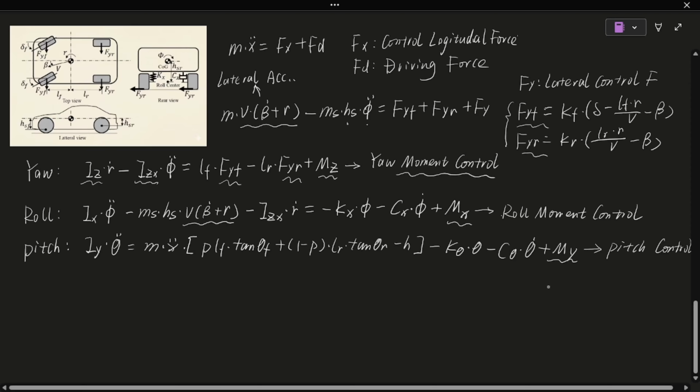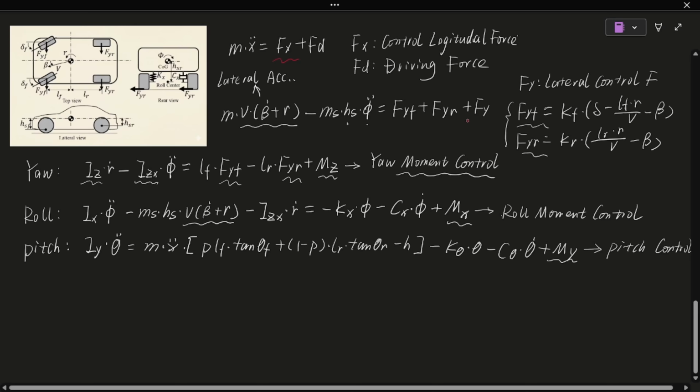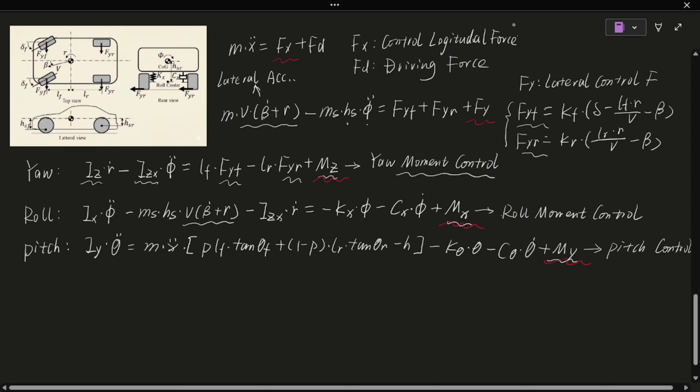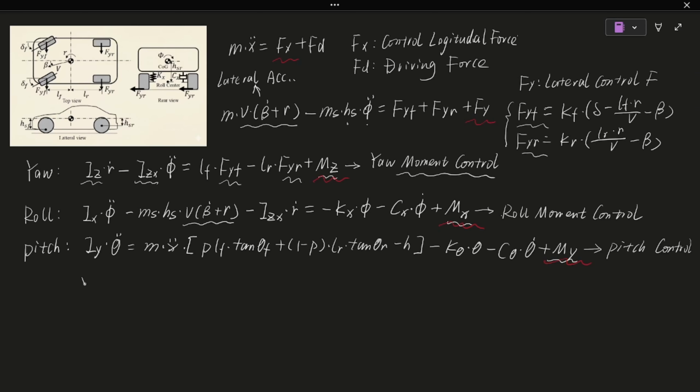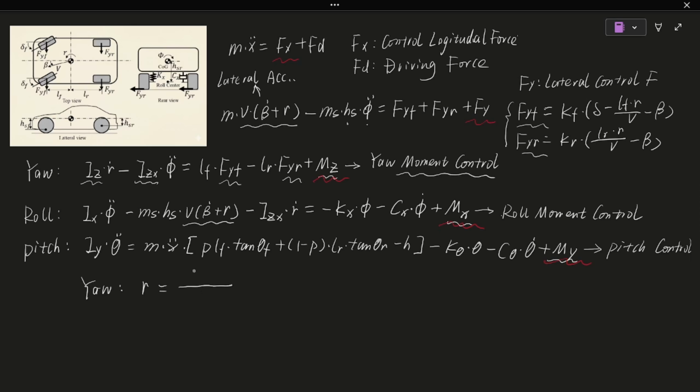Above we have completed the kinematic equations. In those equations, we applied Fx, Fy, Mz, Mx, My as control force or moment. Next, we need to extract the factors affecting yaw and roll. Through Laplace Transform, organize them into something like yaw equals N(s) over D(s).